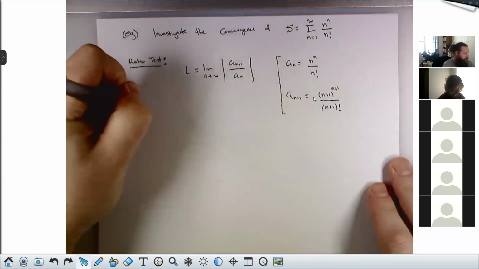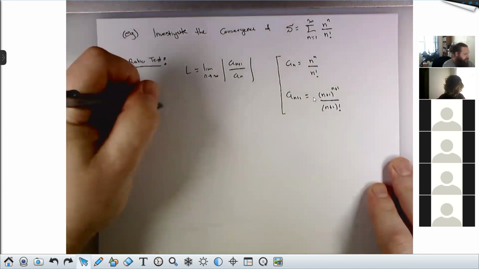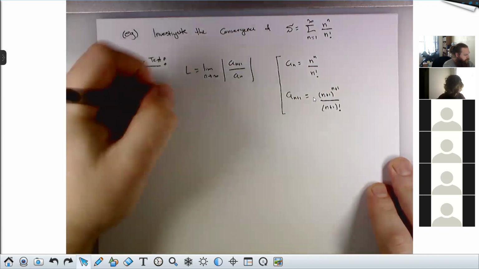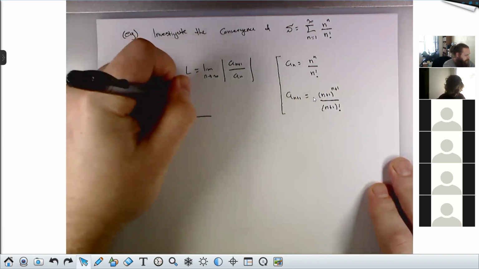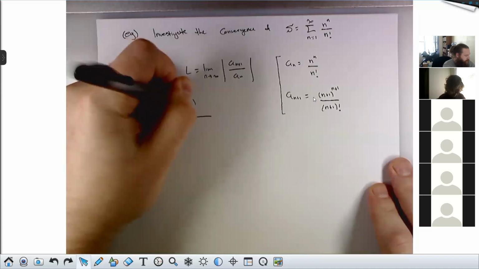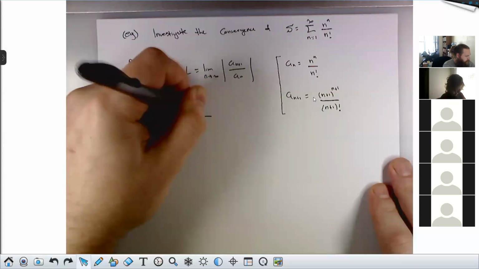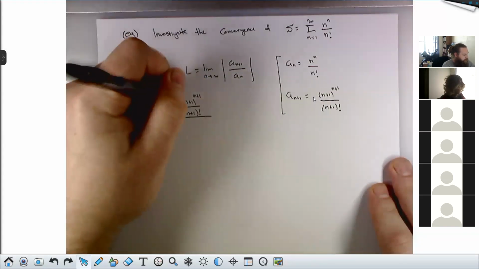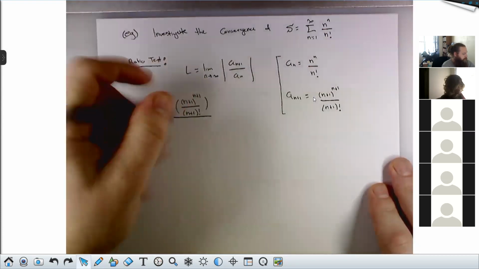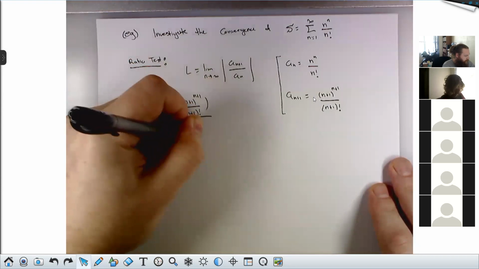So here L is going to be the limit as n goes to infinity of the absolute value of (n+1) raised to the n+1 over (n+1) factorial. There's your a_{n+1}. All divided by a_n, which is n to the n over n factorial.